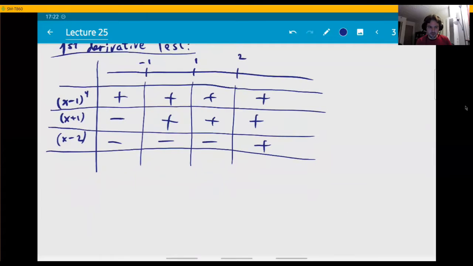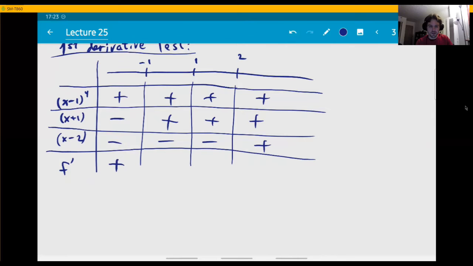They're just linear factors. So what does that mean for your f prime? F prime is just a product or quotient involving all these three functions. It's just like thinking about the sign of the product of all three. Basically, when you have plus times minus, or divided by minus in this case, this is going to give you a plus.